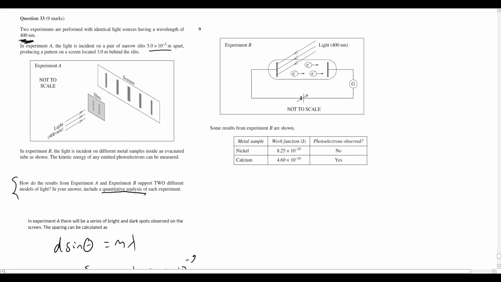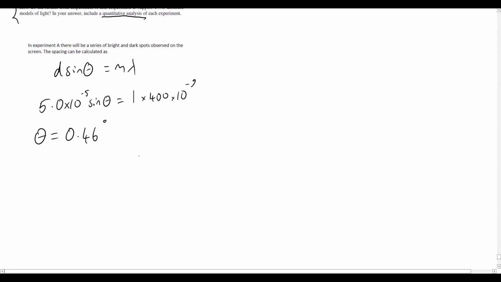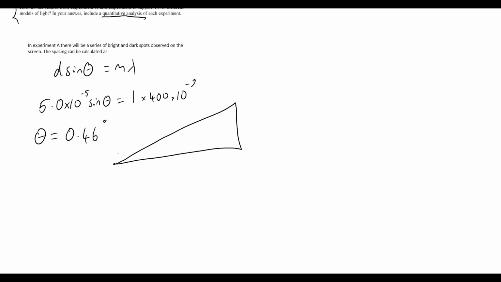Okay, so what else do we know about experiment A? There's a distance of 3 meters between the screen and the slits themselves. So now I can actually draw up this experiment a little bit better. Let's say this is our primary fringe, the brightest spot there.